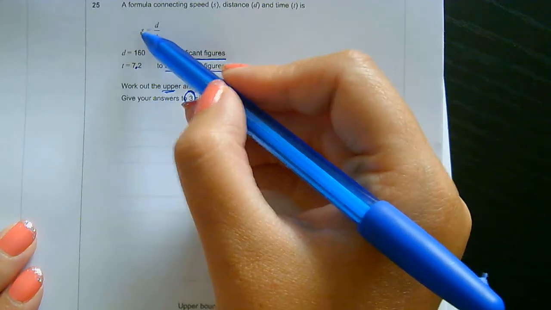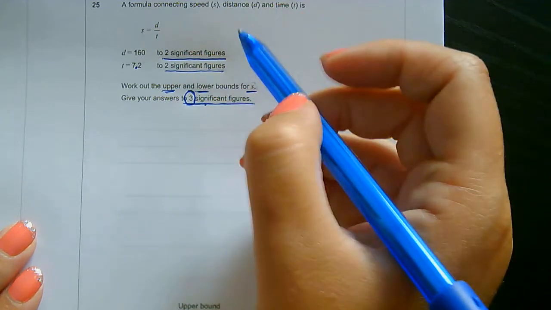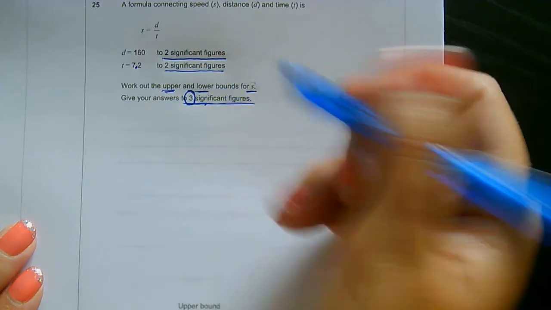So to do our lower and upper bounds for S, we need to do our distance divided by our time. And our distance and our time are where we've got our rounding errors as such.